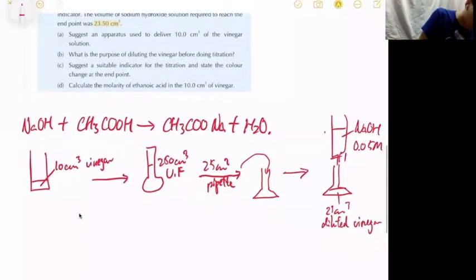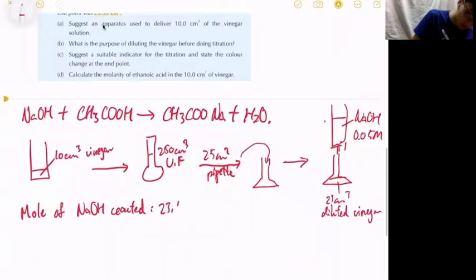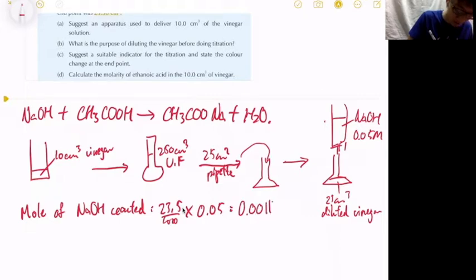First of all, what we need to do is to calculate the mole of NaOH reactant. So we have reacted 23.5 cm cube, and the molarity is 0.05. When we times 0.05 with the volume, we will get the number of moles, and we will get 0.001175 moles of sodium hydroxide.